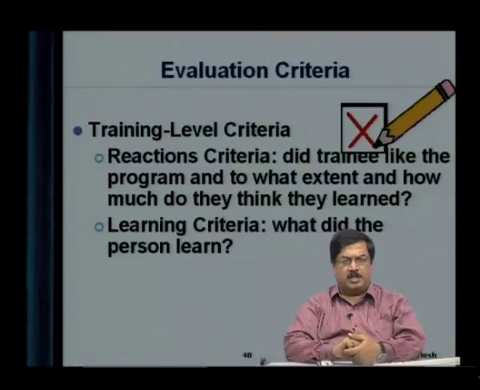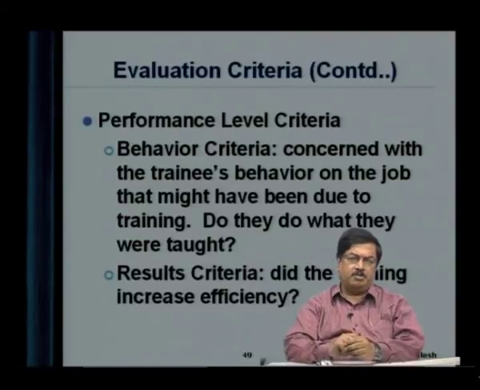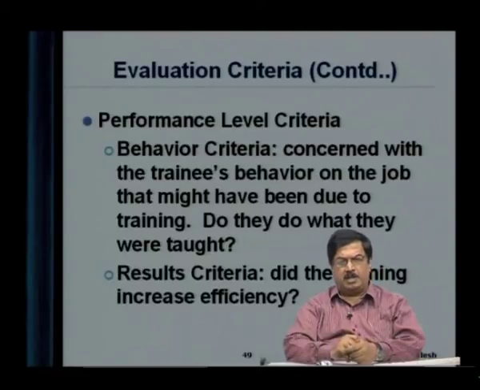So the learning criteria are in terms of what new skill sets they have got, and the impact of that in terms of proven or demonstrable skill sets. And that is where we move into the performance level criteria. Performance level criteria are the behavior criteria concerned with the trainee's behavior on the job that might have been due to the training.